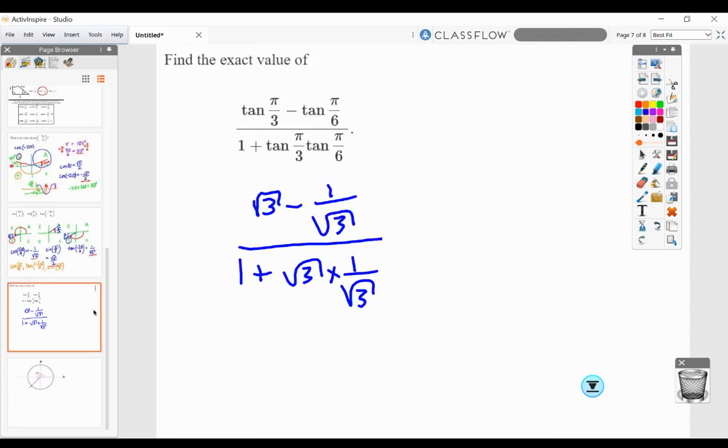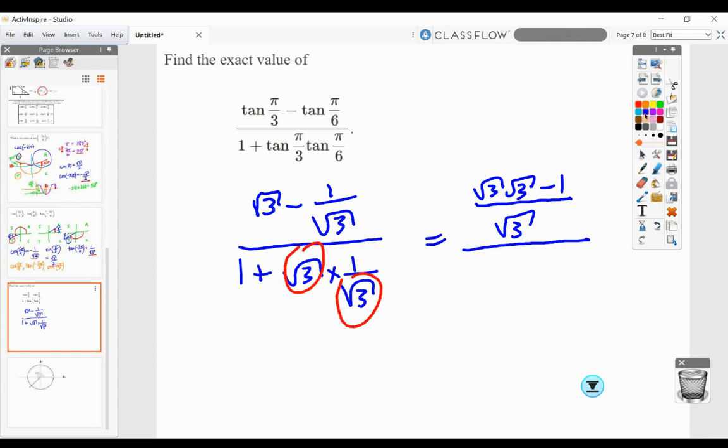Right. Now you've got to simplify this. So the first one's quite nice. I would make a common denominator of root 3. So you're going to do root 3 times root 3 minus 1 on top. And then on the bottom, the root 3 and root 3 here are going to cancel out, so you're just left with 1 plus 1.